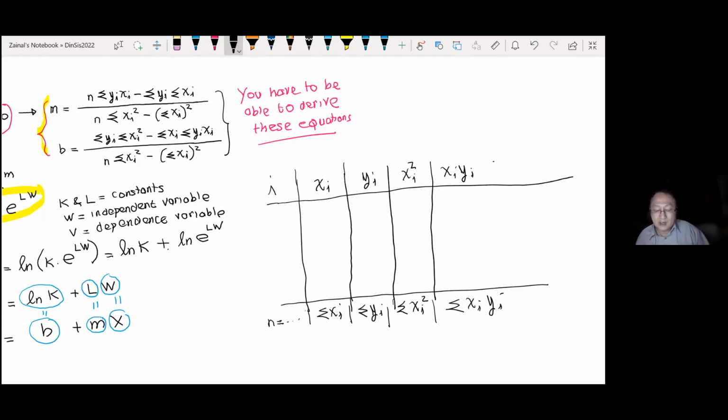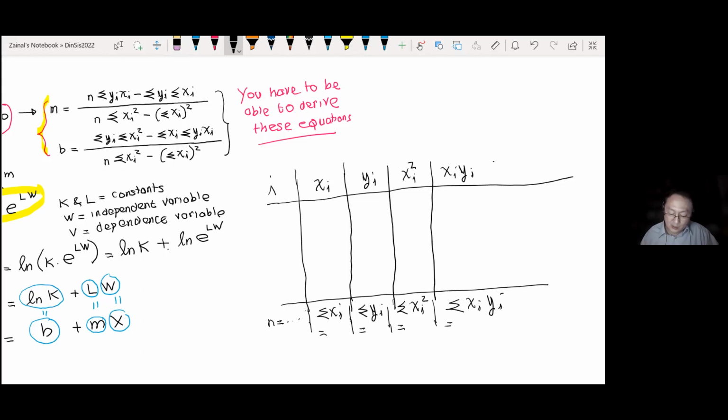Right? You calculate manually. Okay, because you cannot show us if you get the equation from your calculator or other. So for this one, what you need to find, each sum must be calculated.